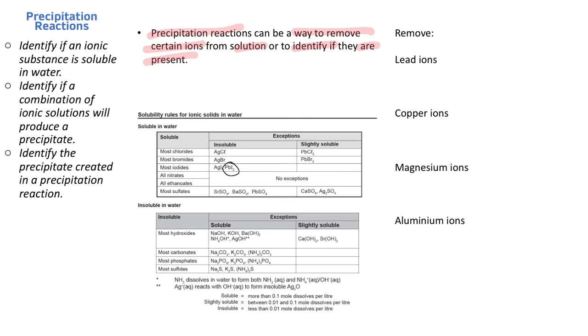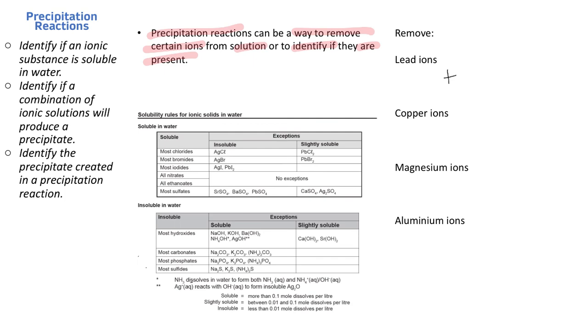It's like this one here, because we know that's insoluble, that one there, and any of these, because lead is not an exception there. So we can use one of those, or we can use the iodide or the sulfates.